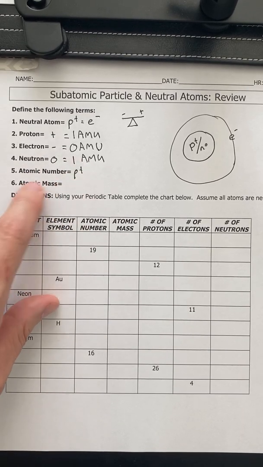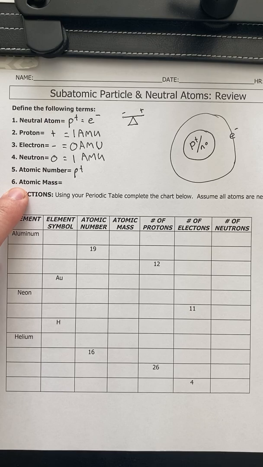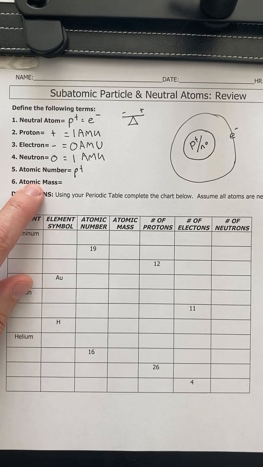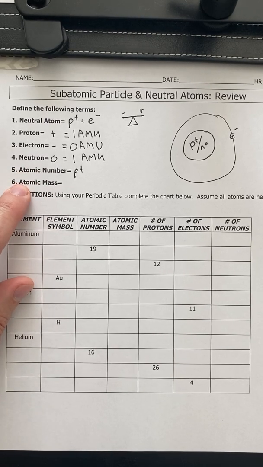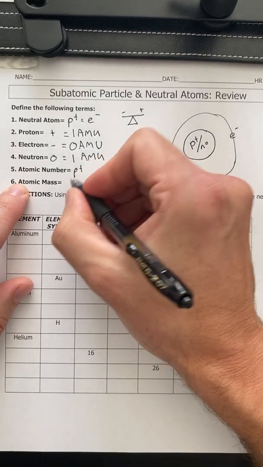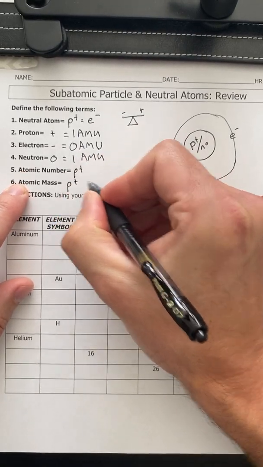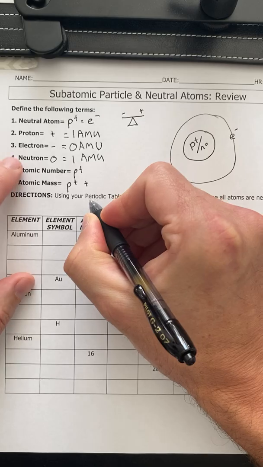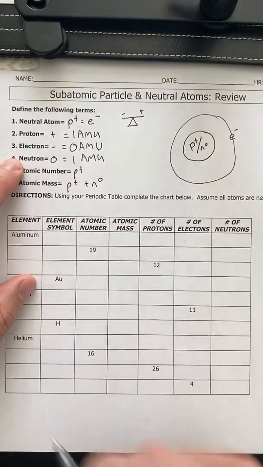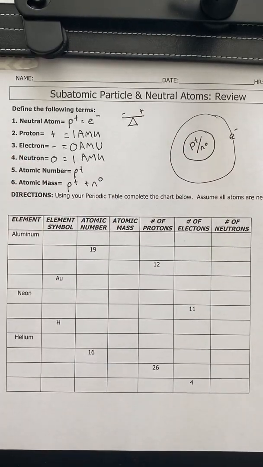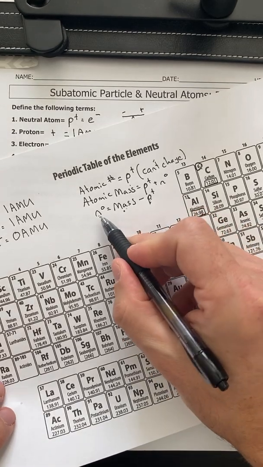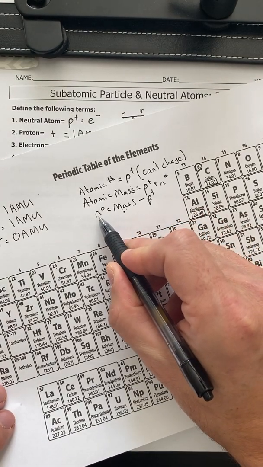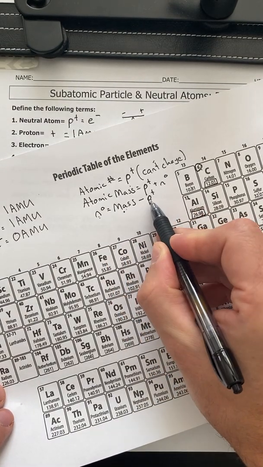Where does the atomic number come from? The number of protons. And the atomic mass is going to be the mass of the atom. Where does that come from? Remember, protons have a 1 AMU mass, and neutrons have 1 AMU. In a previous discussion, I said you might want to jot down that if you have to calculate neutrons, it's the mass minus the protons.